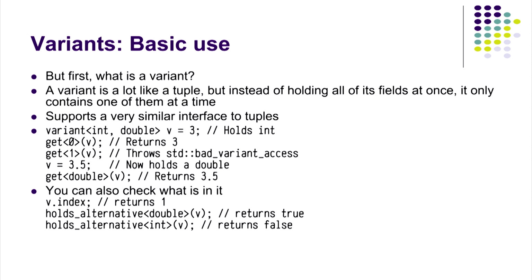Again, I'm not going to teach variants, but you use them similarly to tuples. Here, this variant of int and double, v equals 3, holds an int now, and I can use get accessors to get them either by index or type. And if I put 3.5 in it, it now holds a double.